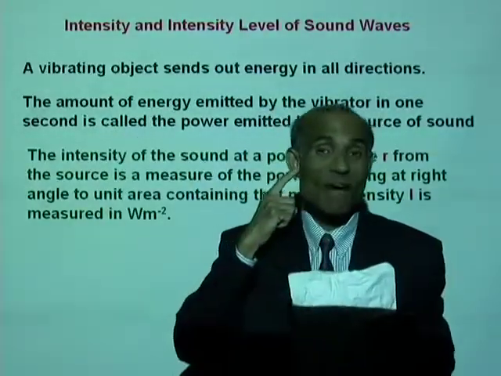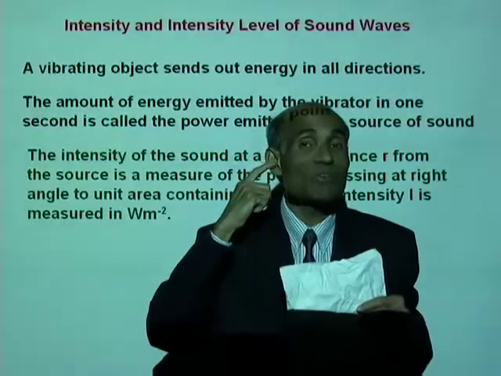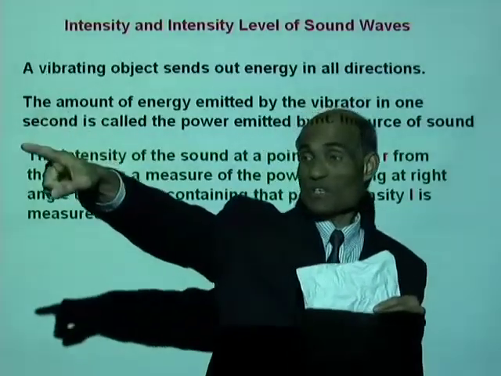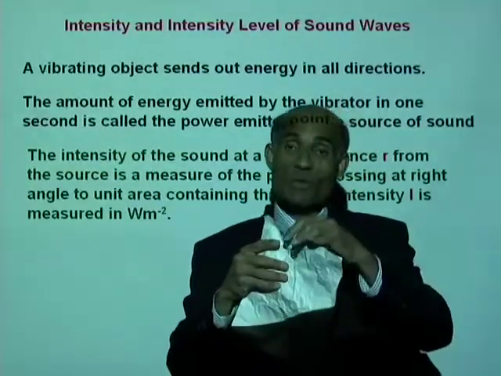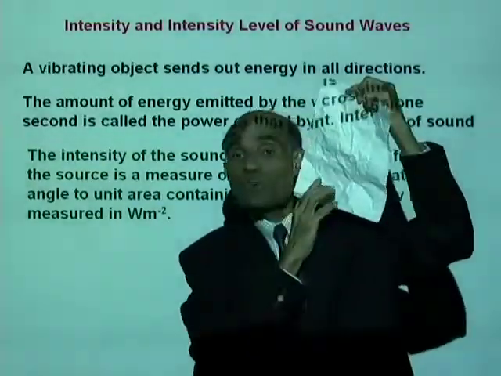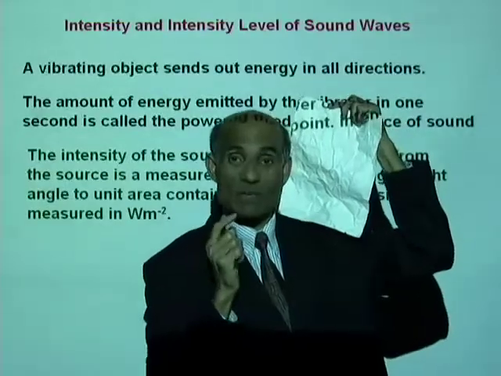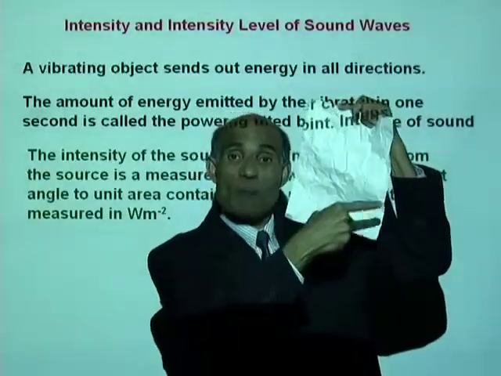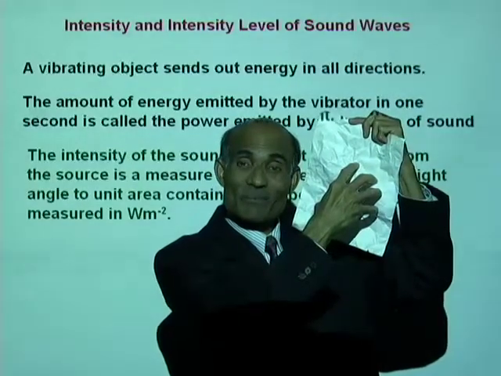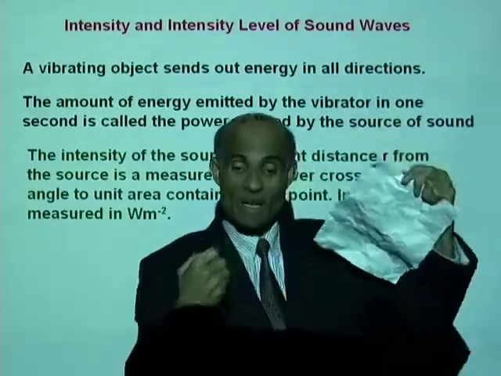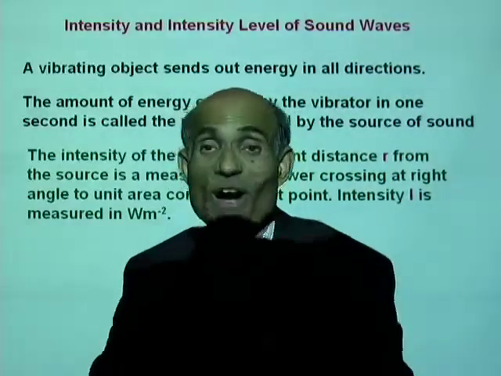Suppose I want to find the intensity of a particular sound, that is, the source is somewhere there. Now to find the intensity, what I do is I keep a unit area where I'm standing and measure the power crossing this unit area, and that will give me a measure of the intensity of that sound.